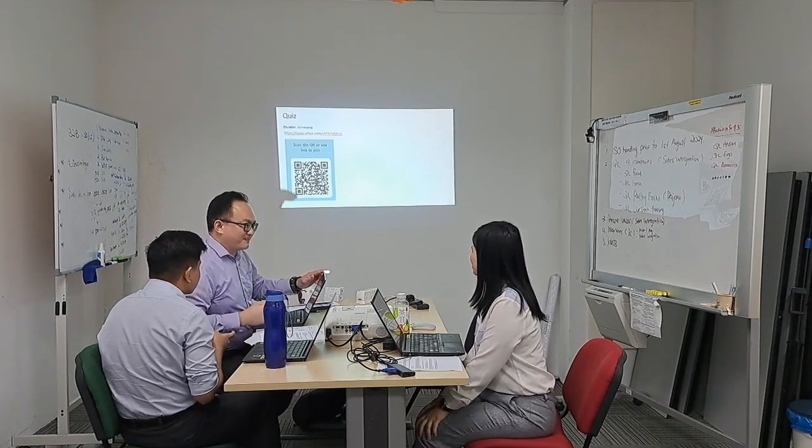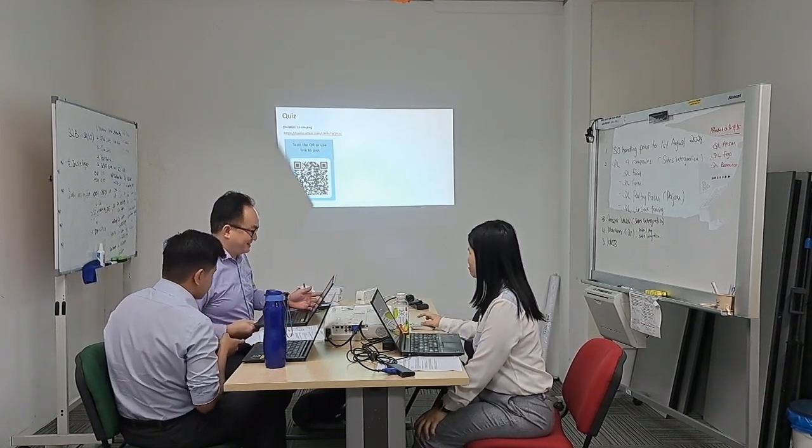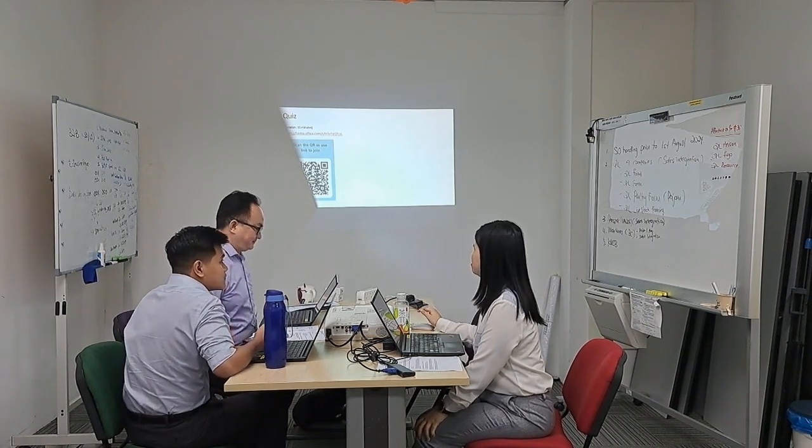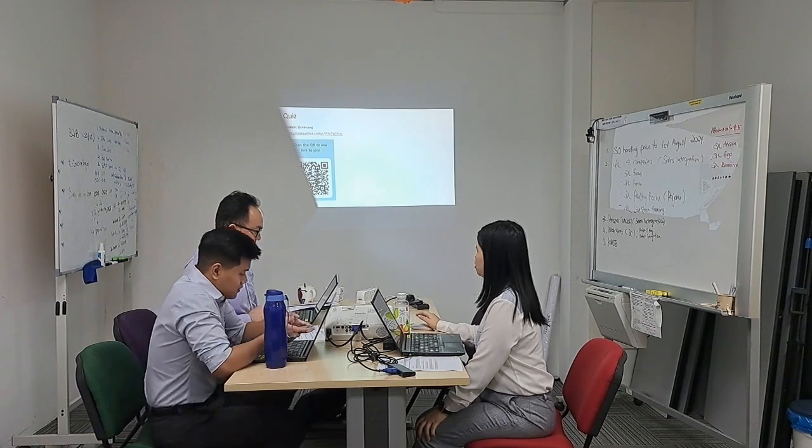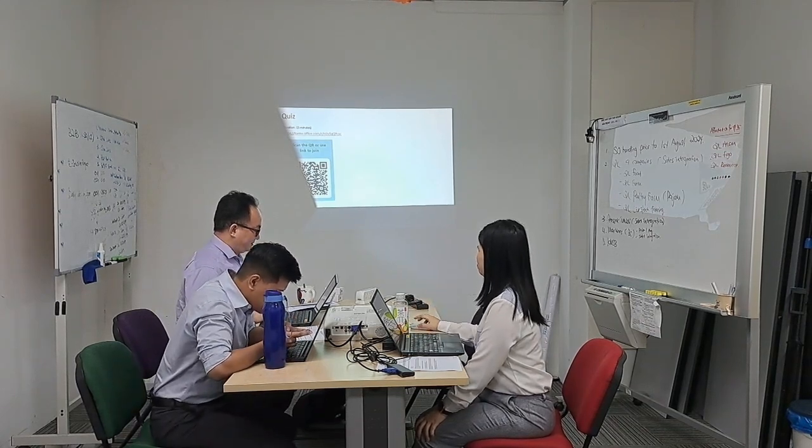Okay, you can try to take the view result, and then you can see which ones you got.